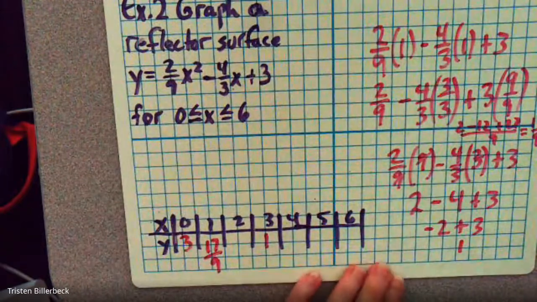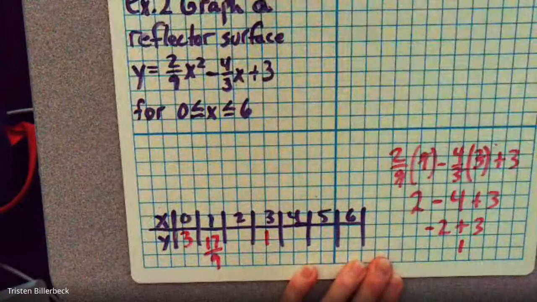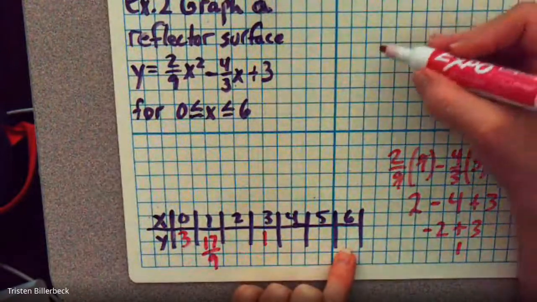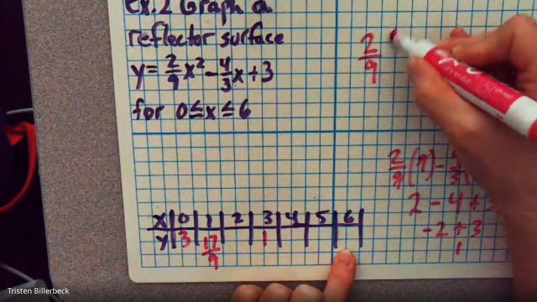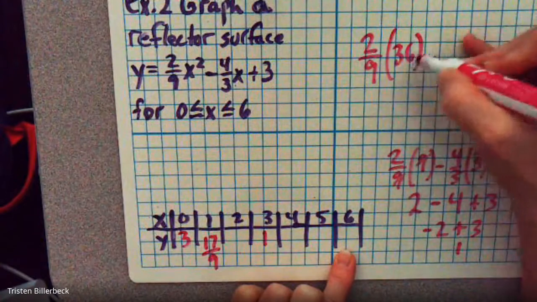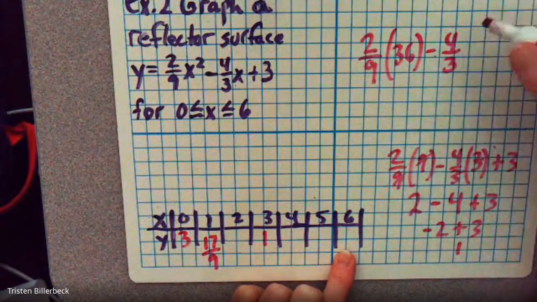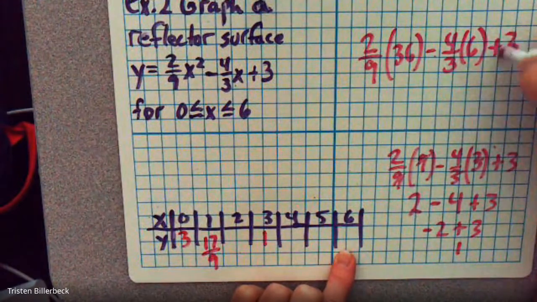Okay, so 6. Let's try 6 next. All right, so 6, we have 2 over 9 times 6 squared, which is 36, minus 4 over 3 times 6 plus 3.